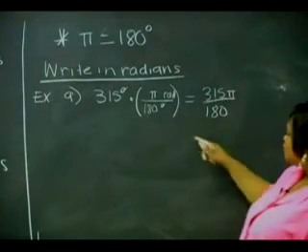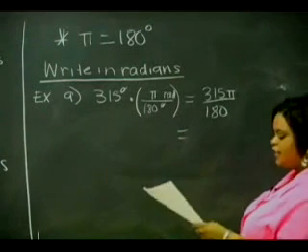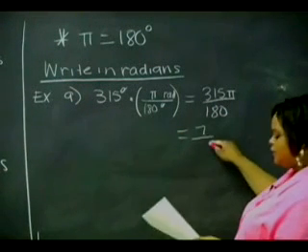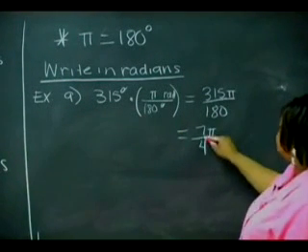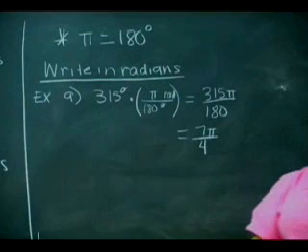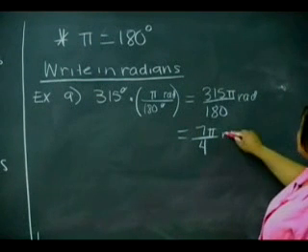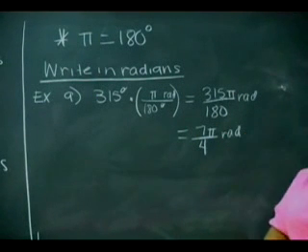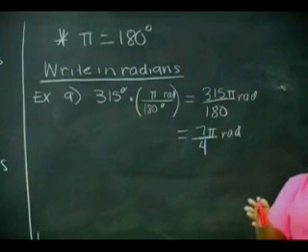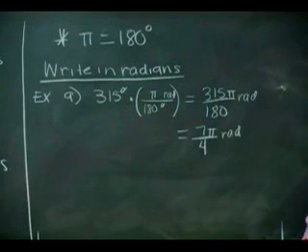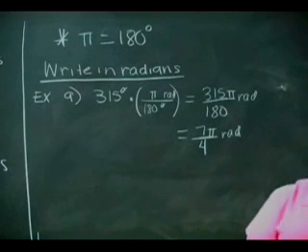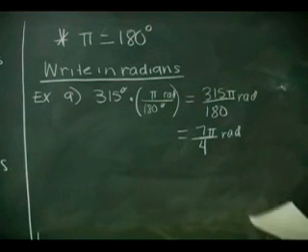So I need to simplify this fraction, however you want to simplify it, to get 7 pi over 4. And we don't have to put radians. We can say radians, but when we don't see anything there, it's assumed to be radians. Most times, they will not use the word radian, but in conversion, we might need to do that.